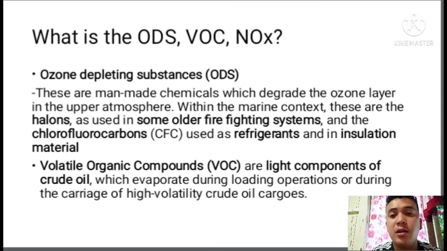Next is, what is VOC? Volatile organic compounds, or VOCs, are a large group of chemicals that are found in many products we use to build and maintain our homes. Once these chemicals are in our homes, they are released or off-gas into the indoor air we breathe.